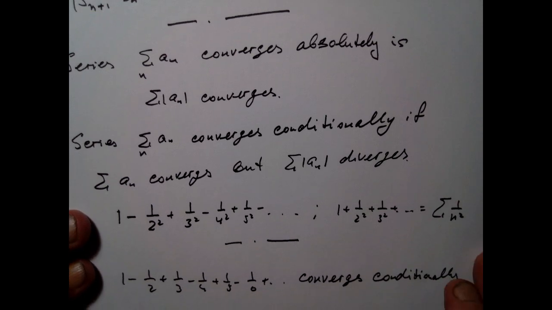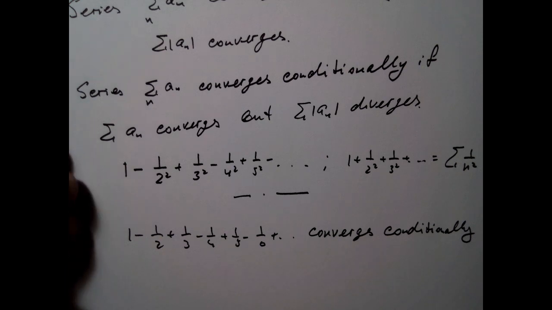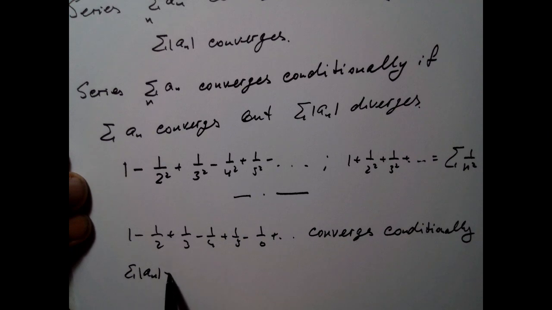Well, why does it converge conditionally? Because I know that the series converges, I just finished proving it, and I also know that the series with absolute values will look like the sum of 1 over n, and this series diverges.